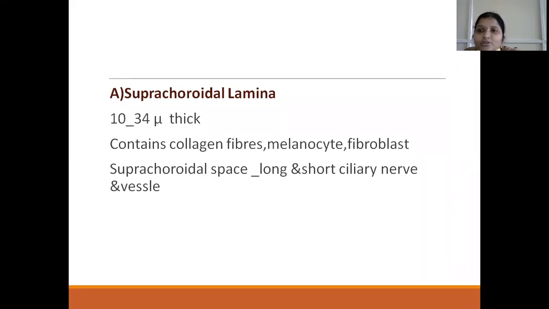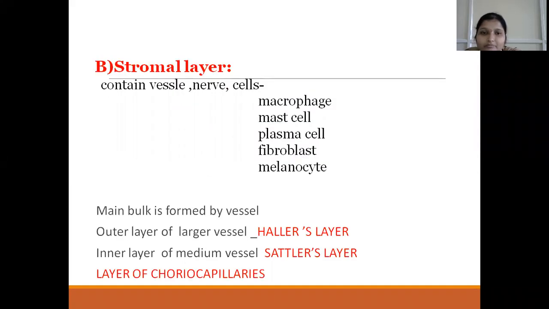It is adjacent to the suprachoroidal space, that is the space between the choroid and the sclera. It contains all the vessels and nerves, that is long posterior ciliary arteries, veins, and long and short ciliary nerves. Next, coming to stroma.